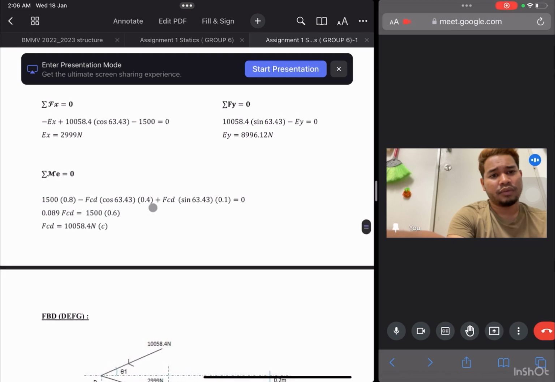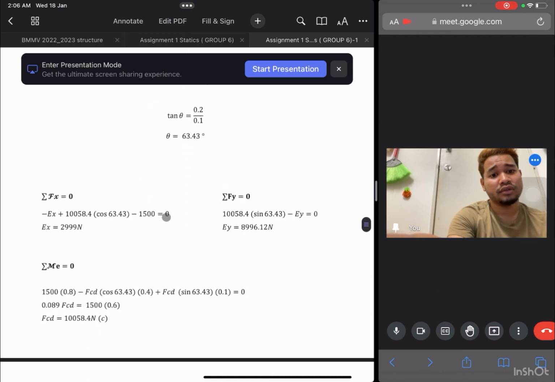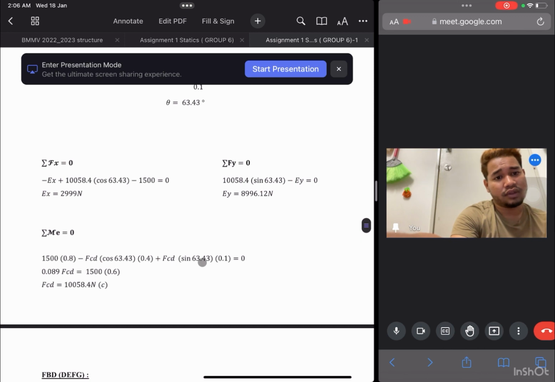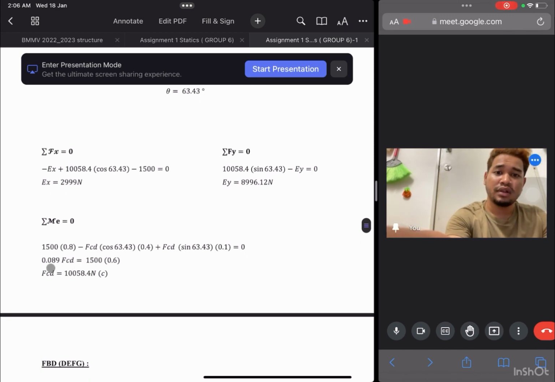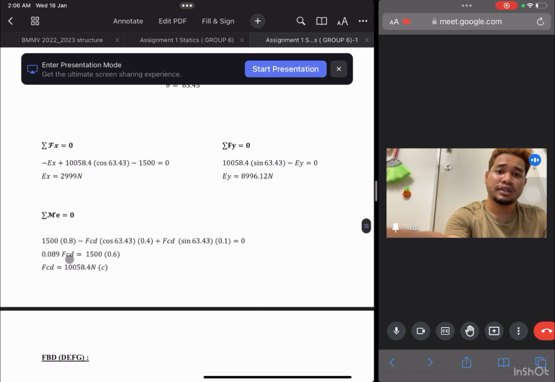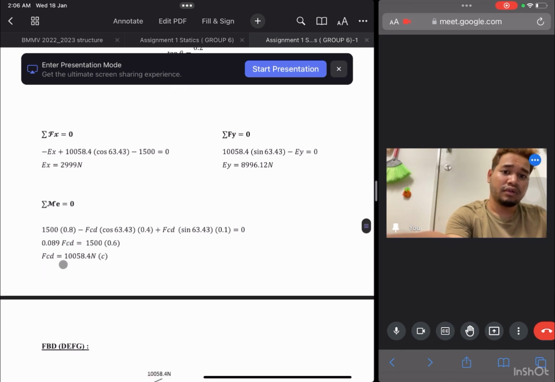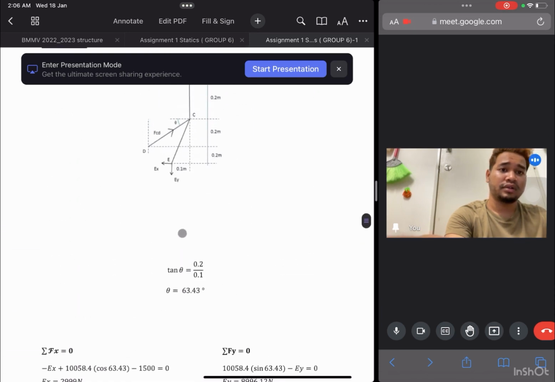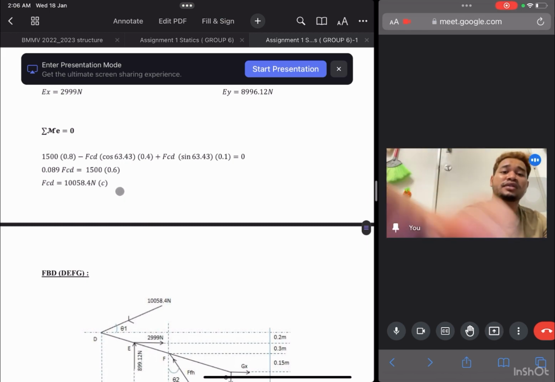And then we plus FCD sine 63.43 times 0.1 equal to 0. So we got this one, 0.089 FCD equal to 1,500 times 0.6. So we got the FCD 158.4 Newton. So I said it's a compression force.